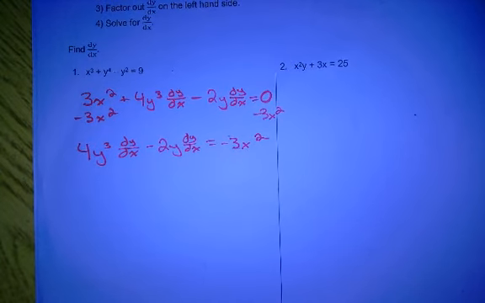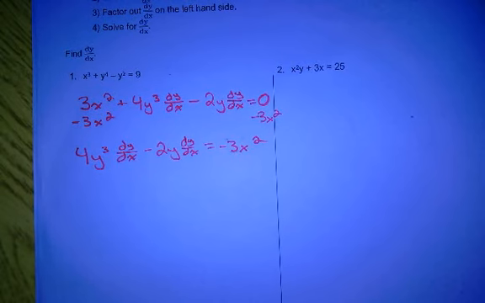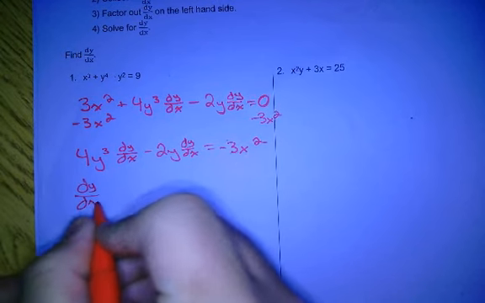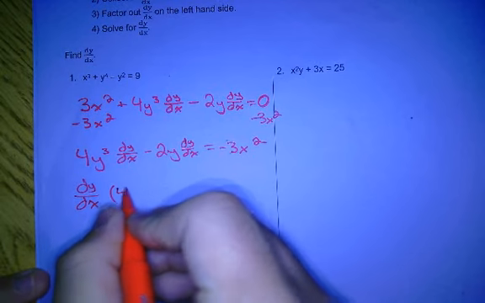Okay, what's the GCF on the left? Now, I only care about the dy dx GCF, so I kind of just answered your question. Do not take out the y as well. You're going to have a bad time. Don't do that. So only take out the dy dx. So on the left-hand side, when I take out the dy dx, what's left? What's that, class? 4y cubed minus 2y? Wow, we're really good at algebra.